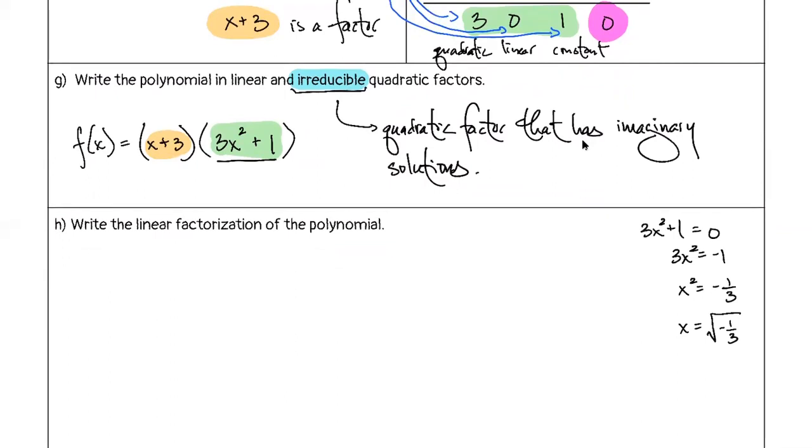But when I try and take the square root, I end up doing the square root of a negative number. That means this quadratic factor has imaginary solutions, which means that 3x squared plus 1 is an irreducible quadratic factor.